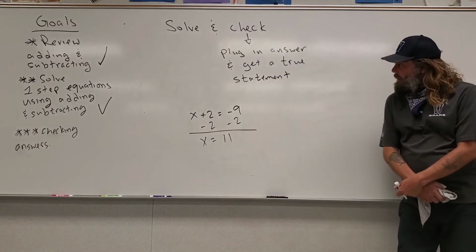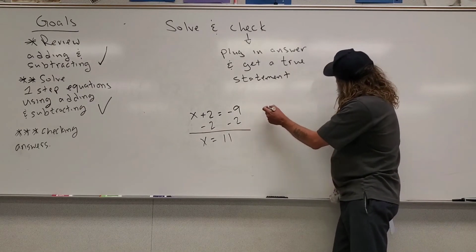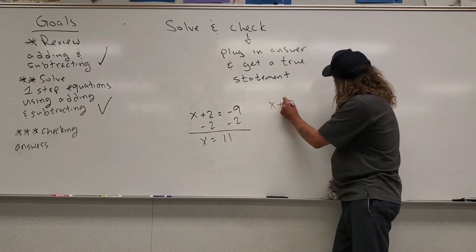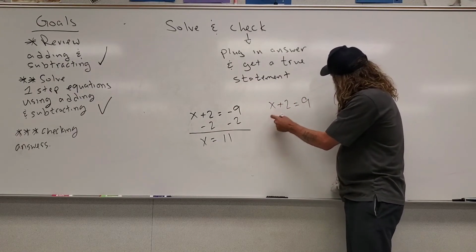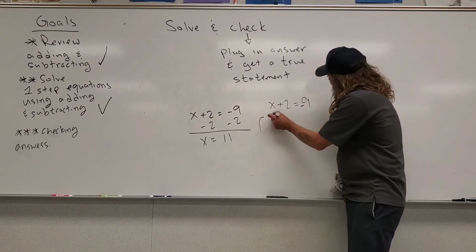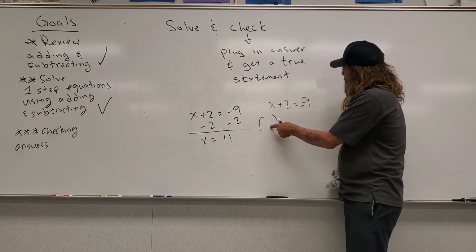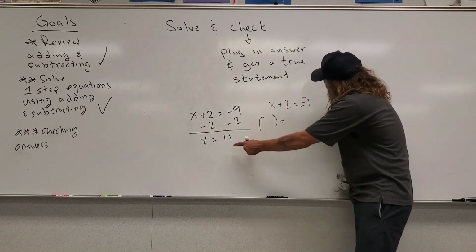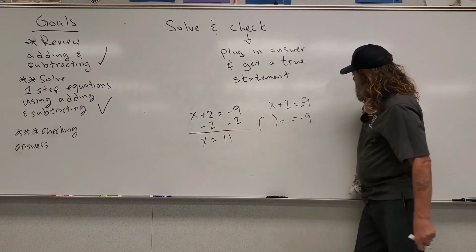All right, so now I'm going to check my work. So I'm going to take my original equation, x plus 2 equals negative 9. I'm no longer going to write x, I'm going to write a parenthesis. And inside the parenthesis, I'm going to replace it with the value that I found x to be.